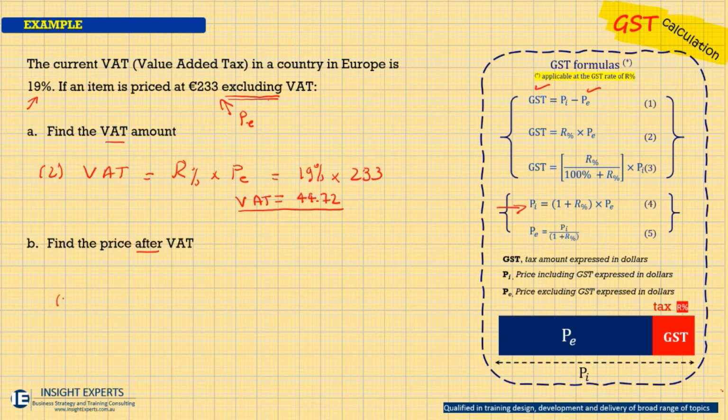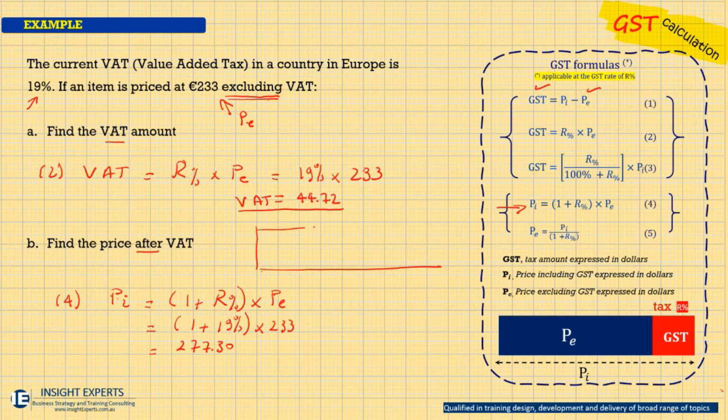From equation number 4, the price after tax is equal to 1 plus the tax rate expressed in percentages times the price before tax. In other words, it's 1 plus 19% times 233. And that equals 277.30.